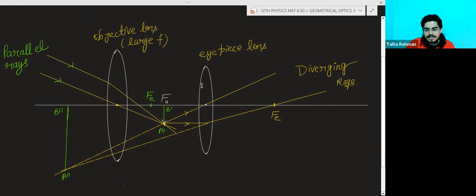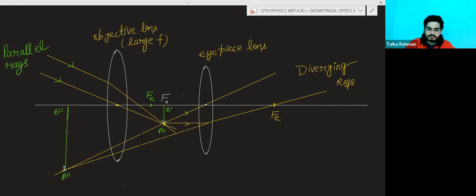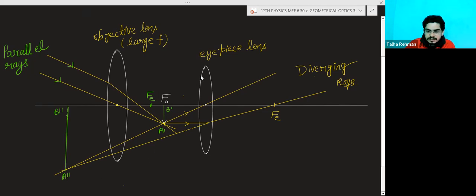So this eyepiece lens will form the image of this virtual object here. And you can see this image is larger in size. So basically you can say that this eyepiece lens is working as a simple microscope.